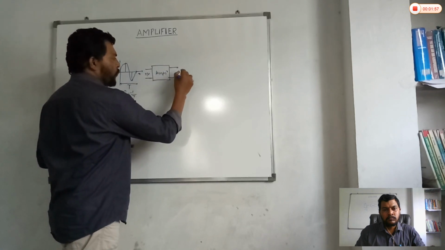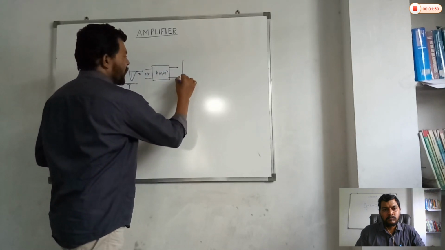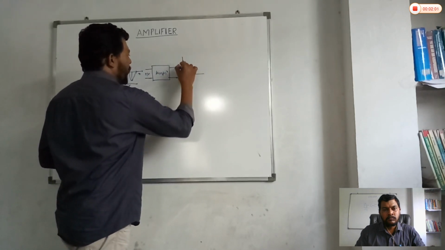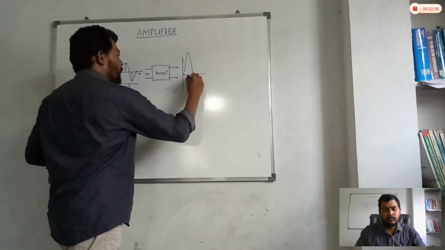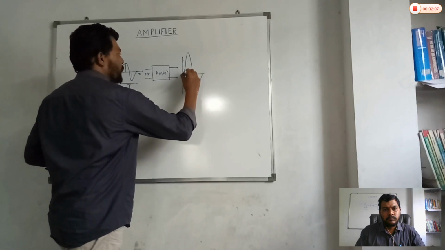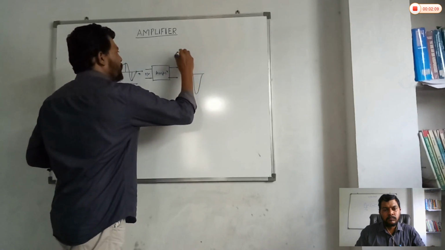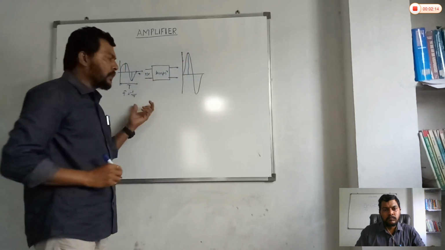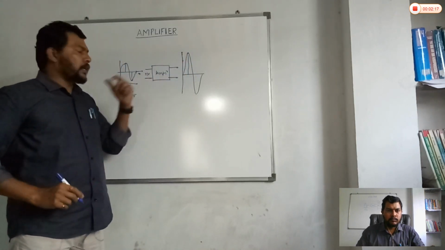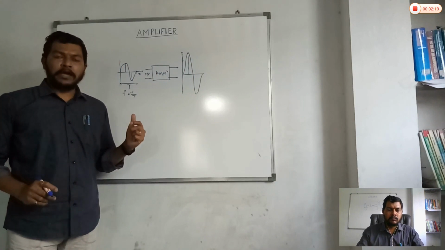At the output we are expecting a signal which is similar in shape to the same signal, but the amplitude is increased like this. A circuit which amplifies the amplitude of a given input signal is called an amplifier.